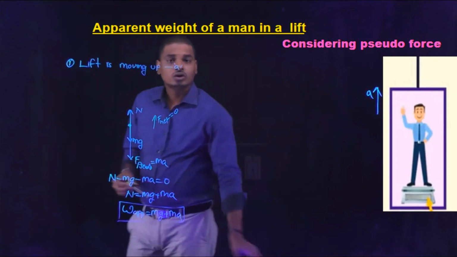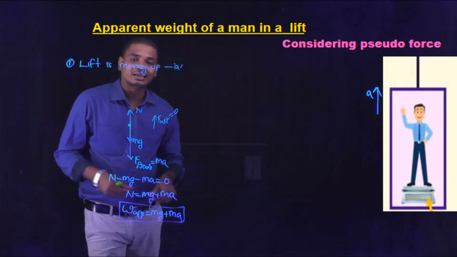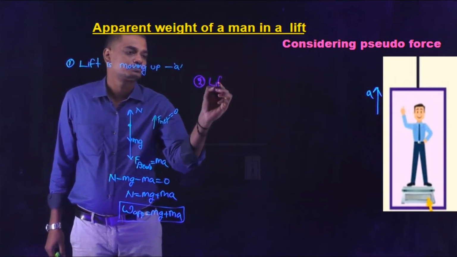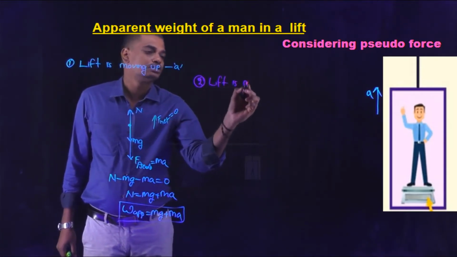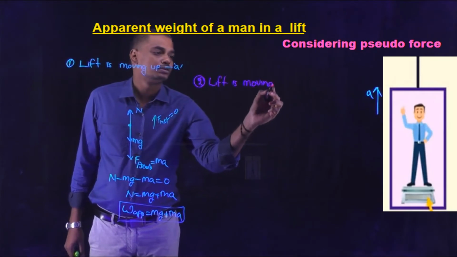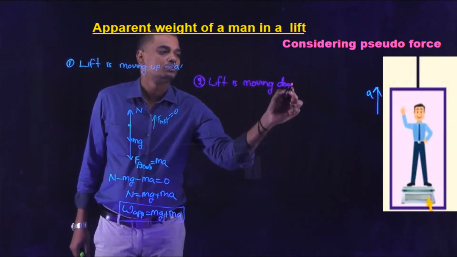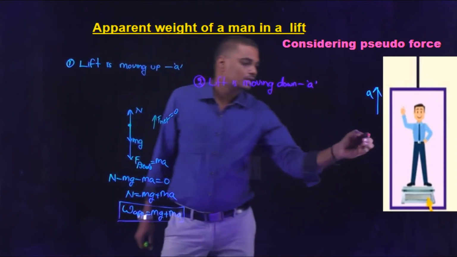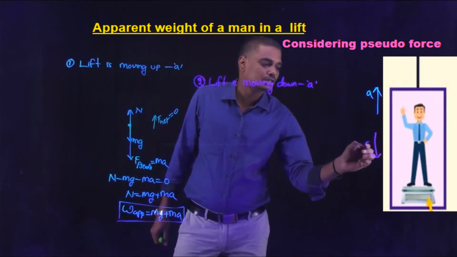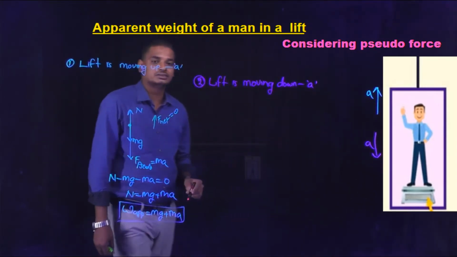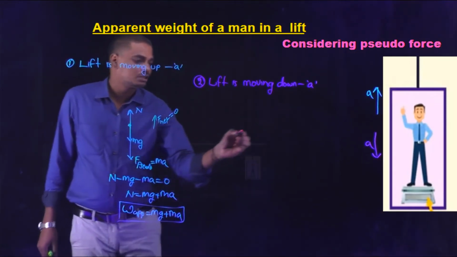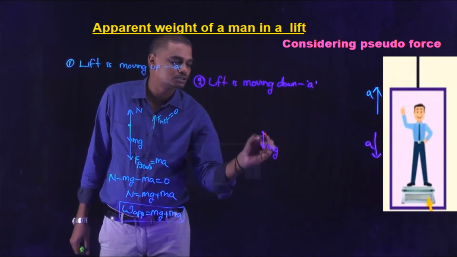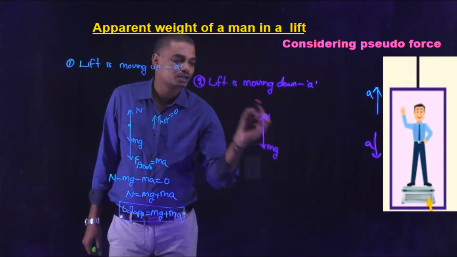Now let us consider the second case, where the lift is moving down with an acceleration a. If you draw the free body diagram, the weight of the body acts vertically downwards and the normal reaction acts vertically upwards.